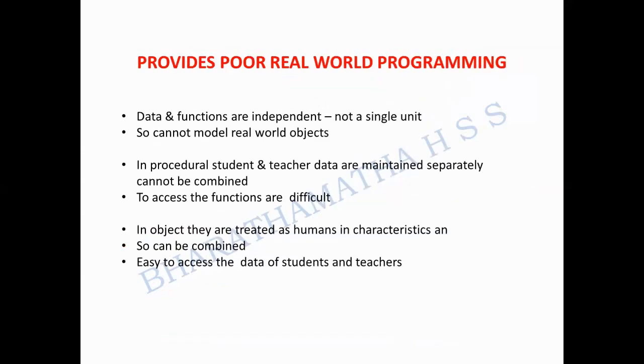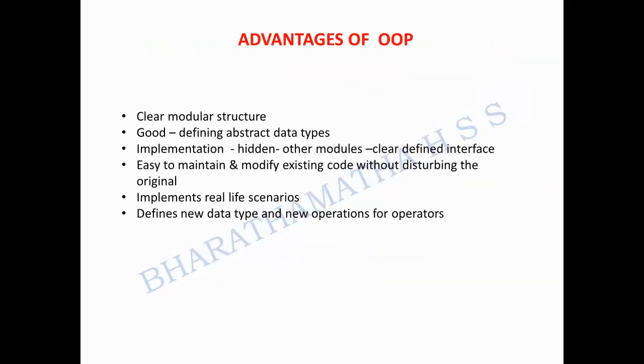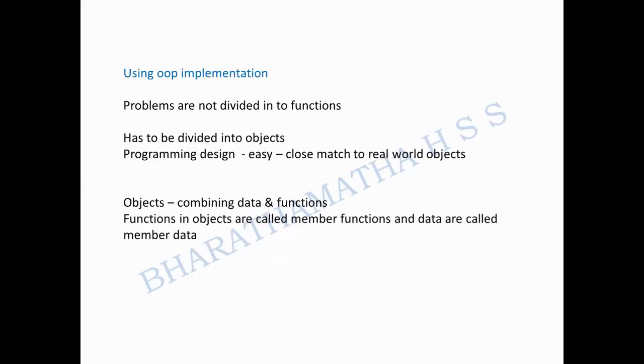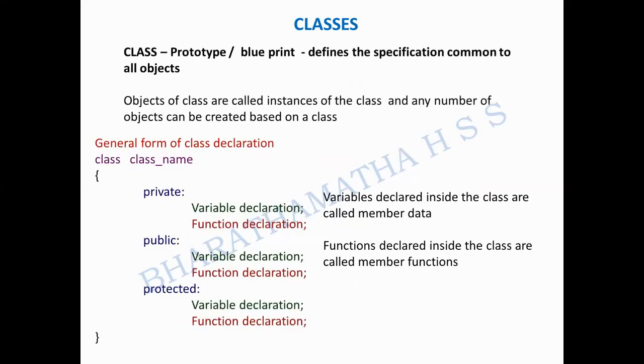Then we went on to see what is meant by object-oriented programming, that is the OOPS concept. We also saw what an object is, what things are associated with objects, their properties and behaviors, and how it is implemented using OOP.